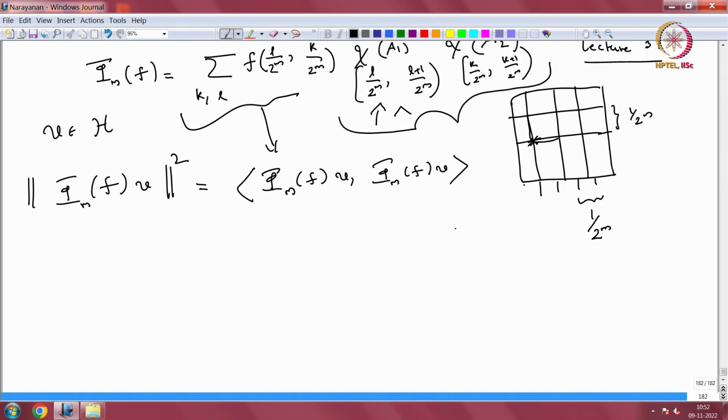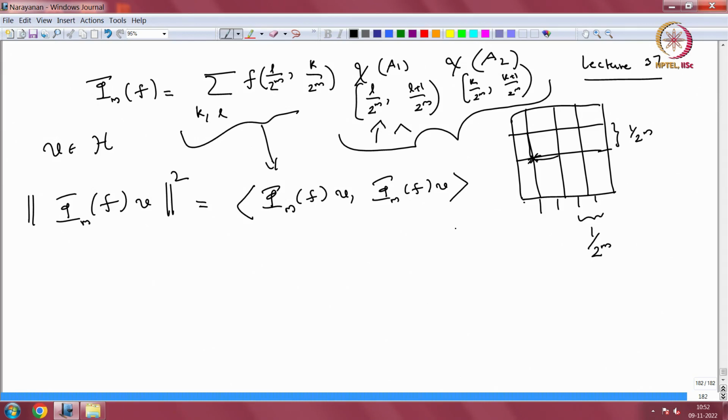So when I look at the inner product of these two vectors, remember that the projections have orthogonal ranges. So recall that the projections chi of L by 2 to the m, L plus 1 by 2 to the m, A 1, are orthogonal, meaning they have orthogonal range.